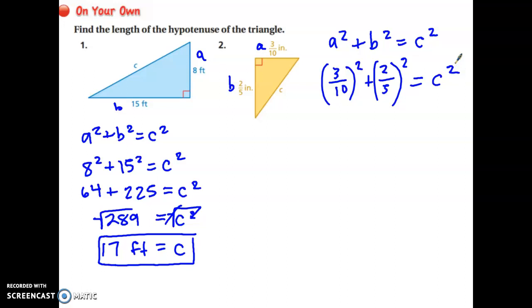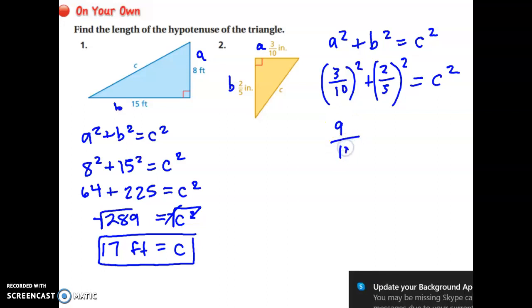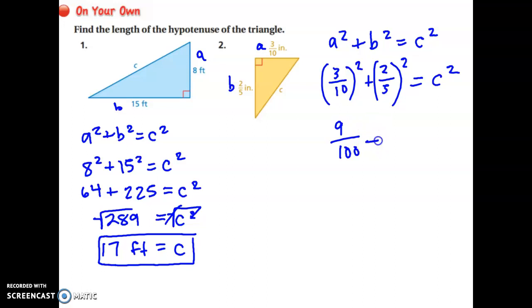With fractions, you want to square the numerator and denominator separately. So we're going to have 9 over 100 plus 4 over 25 equals c squared. Okay, let's go ahead and use common denominators to add our fractions together.